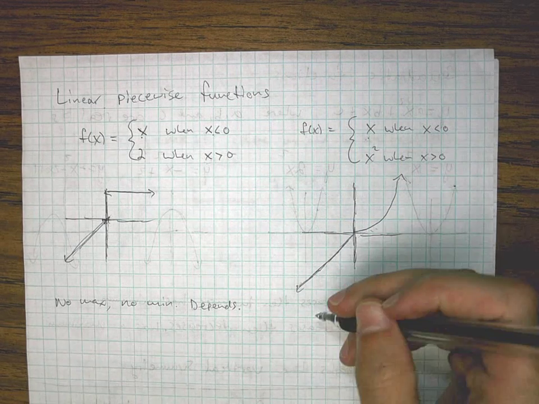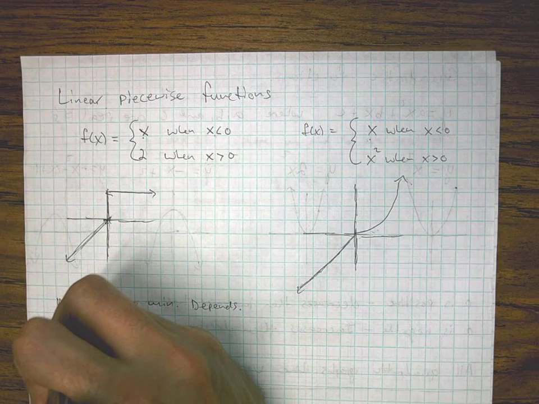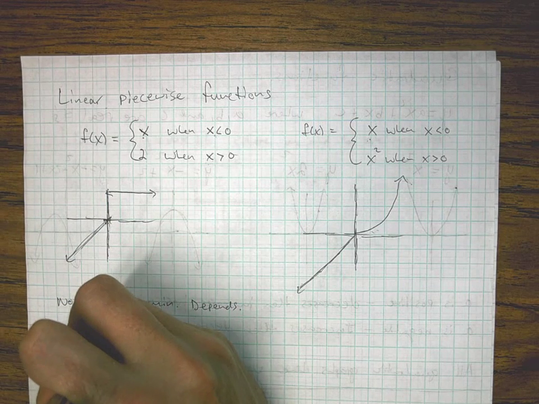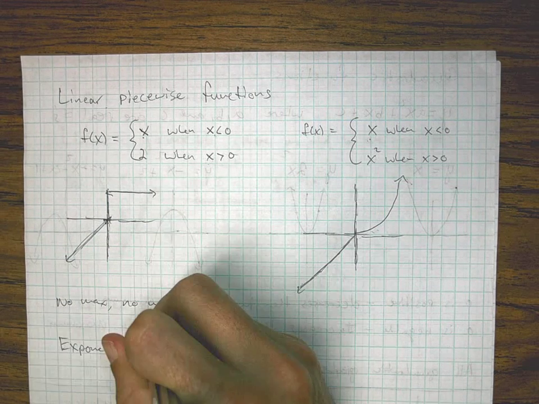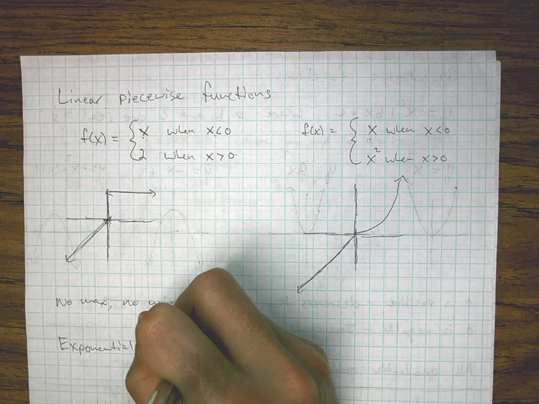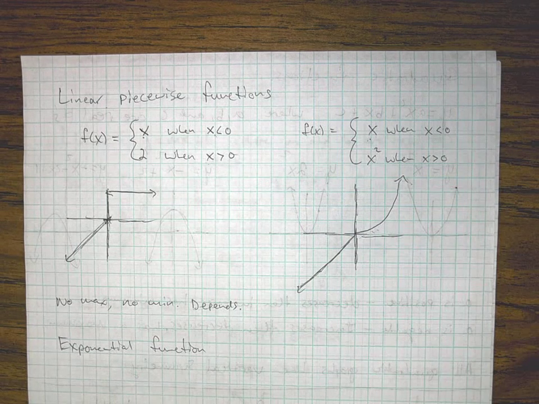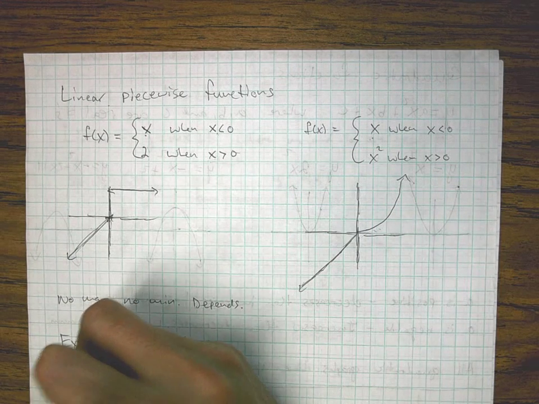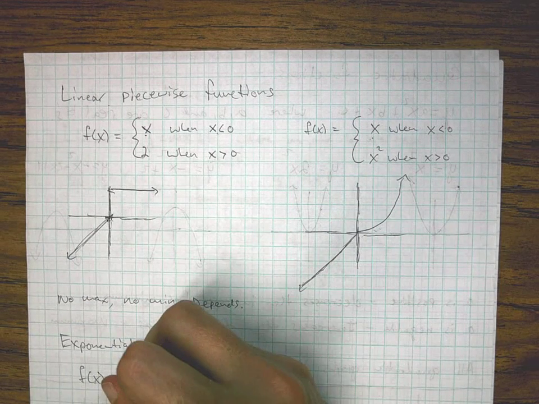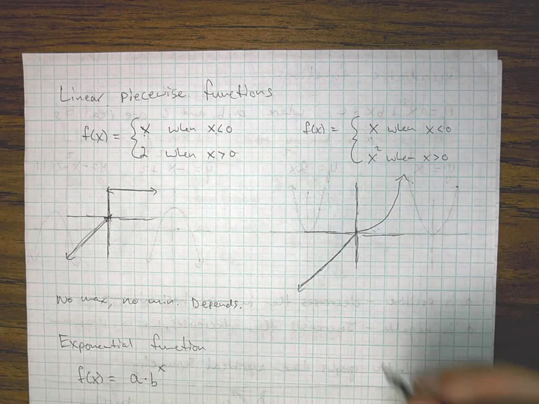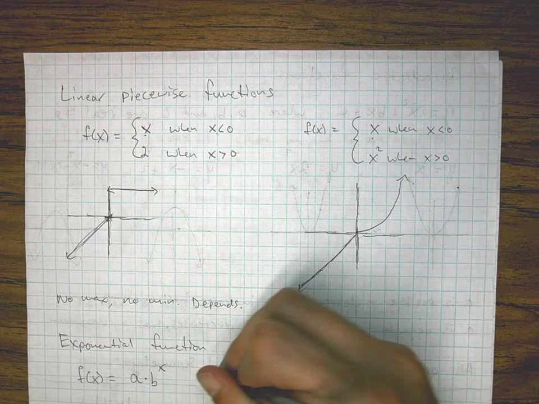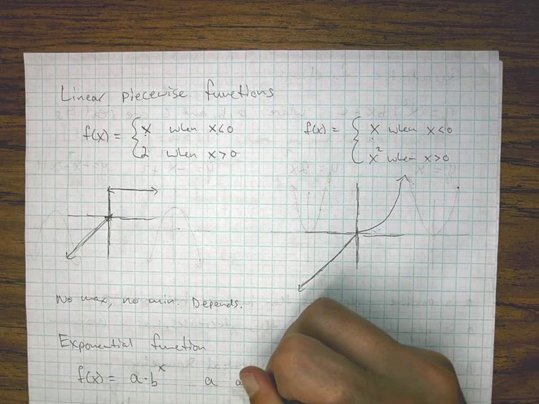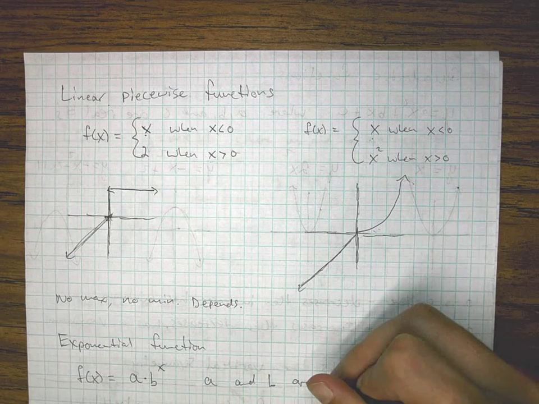So, two more. We've got this thing called an exponential function. An exponential function takes on the form f of x equals a times b to the x power. And again, a and b are real numbers.